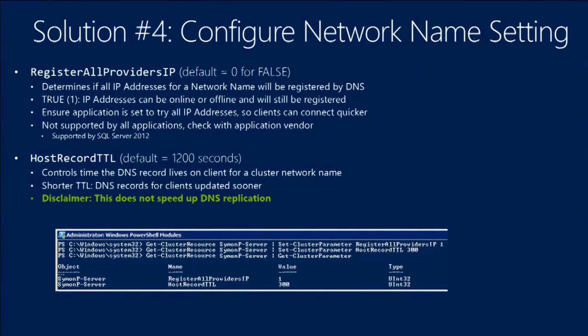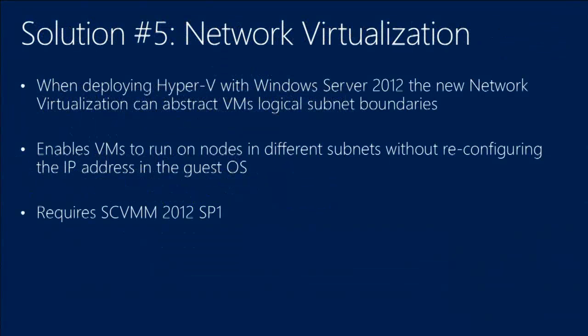Host record TTL, I'm pretty sure you're already familiar with this, but that's something you can consider for DNS record changes. For network virtualization, that's something Hyper-V now supports, where it's NVGRE, that's the short form that many people use.